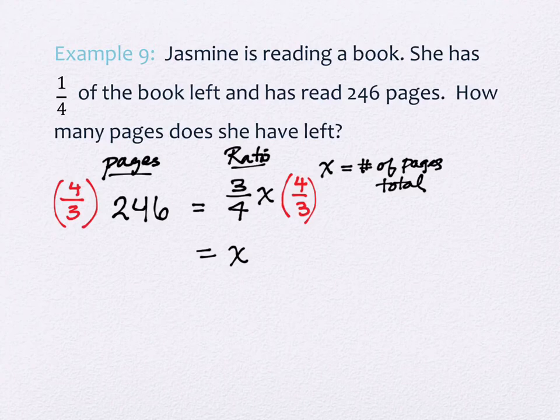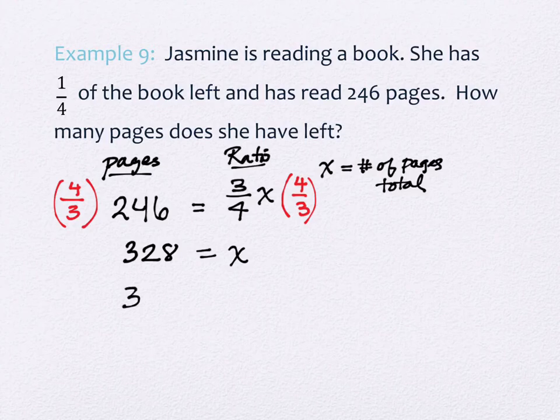What'd you guys get? Yes, 328. So there's 328 what? Total pages. So go back to the question that we're asked. What are we actually asked to find? How much she has left. So how can I find how much she has left now?